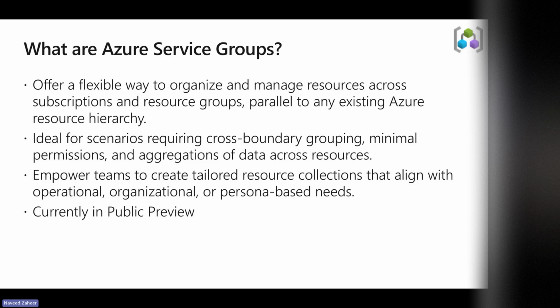On the other hand, there may be an inventory team which wants to have all the resources across subscriptions. They want to do an inventory and all that. They can do this as well. They can combine those, put those subscriptions in the service group, since a service group can have a relationship with subscriptions, resources or resource groups. So that's how they can see all of these through the lens of a service group.